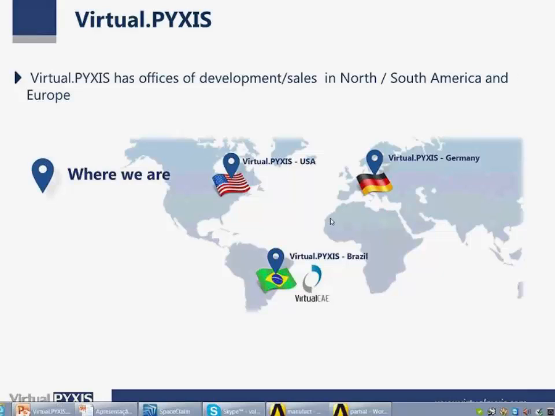Virtual.PYXIS, we have some offices. I'm here in Chicago, US, but also we are in Germany, in Hanover, and we have a partnership with a company called Virtual.CAE in Brazil.